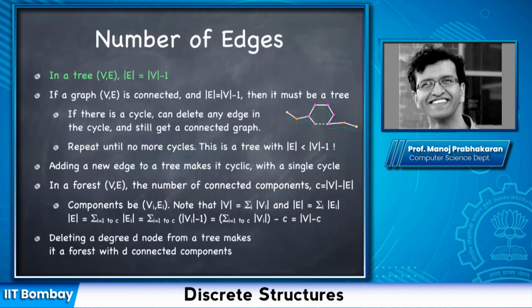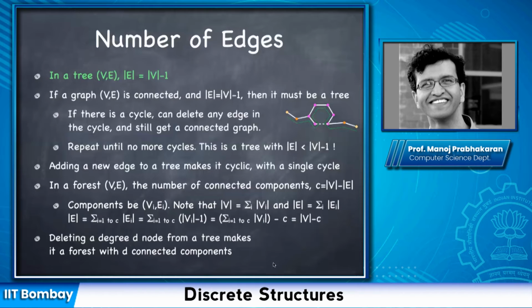And one last thing: what happens when you delete a node from a tree? We talked about how when you delete a leaf, it remains a tree. What if I delete some other node which is not a leaf? That depends on the degree of that node.